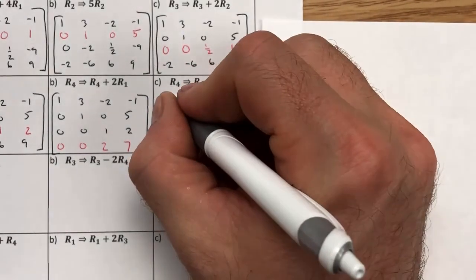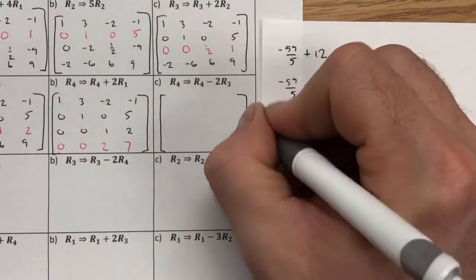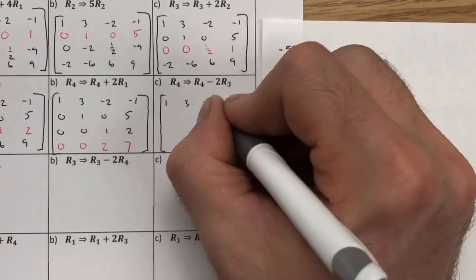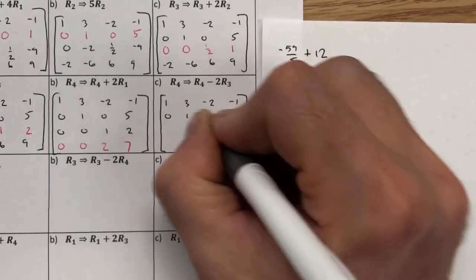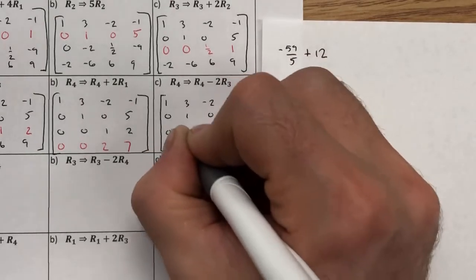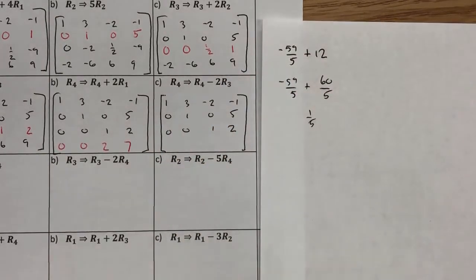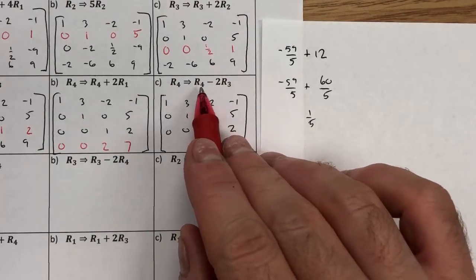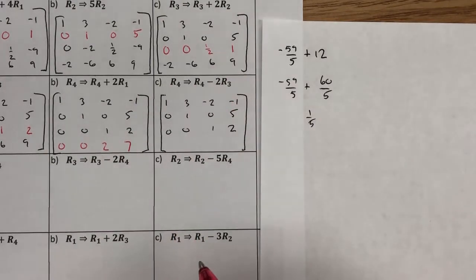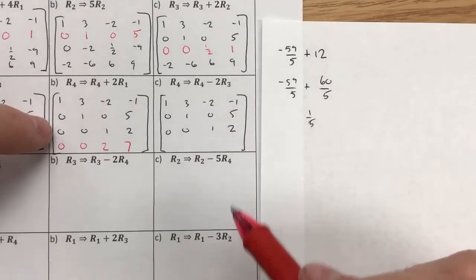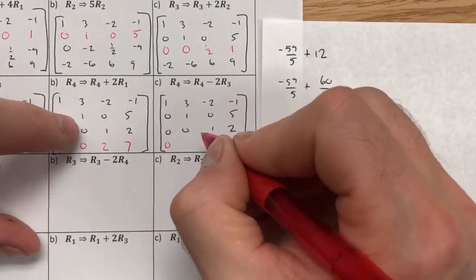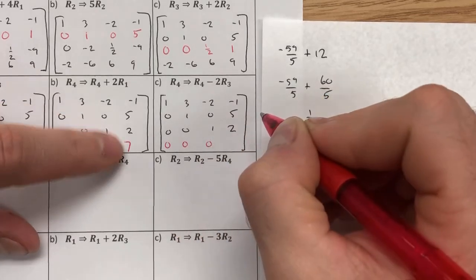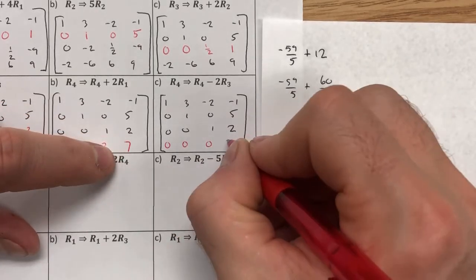So what I'm going to do is copy down everything in rows 1, 2, and 3. And I'm only going to modify row 4. I'm going to take row 4 and subtract 2 of the thing above it. So minus 2 zeros, minus 2 zeros, minus 2 ones, and minus 2 twos, which is minus 4, gives you that.